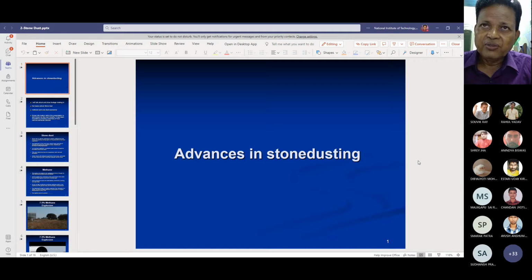In the previous class, we have seen the stone dust can be used manually to spray over the sides of the gallery, over the roof of the gallery, so that the coal will not be allowed to be exposed to the outer environment. So that is called stone dusting, and it can be done manually.